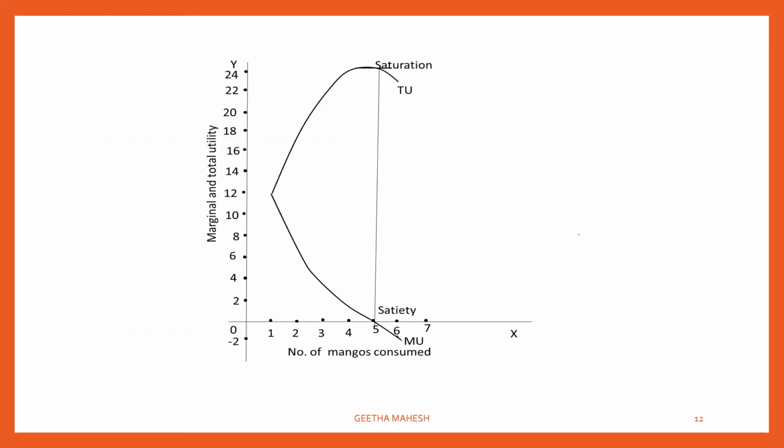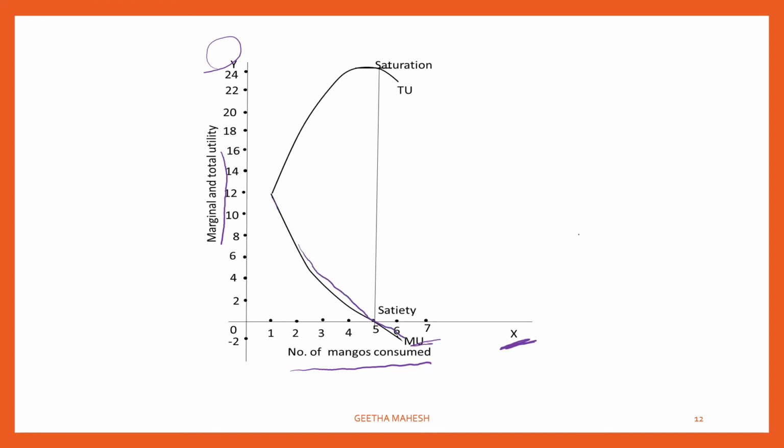You can see in the diagram, the number of mangoes consumed is measured on the x-axis and marginal utility and total utility are measured on the y-axis. You can see marginal utility, as the number of mangoes consumed increases, keeps on decreasing.